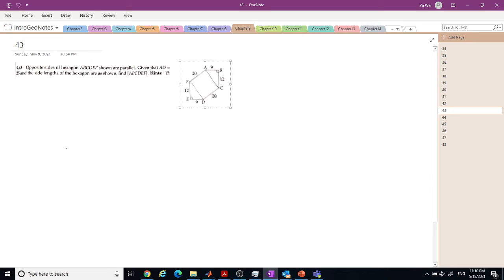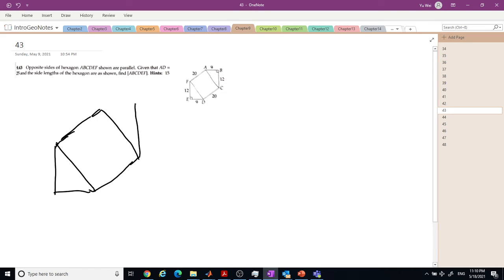Next, the opposite sides of the hexagon are parallel. We know here is a rectangle, and the opposite sides are parallel, so this one is parallel to this one, and also this one parallel to this.